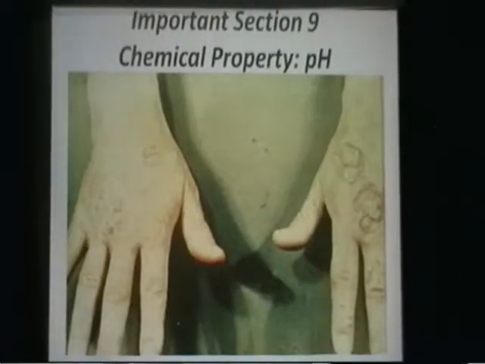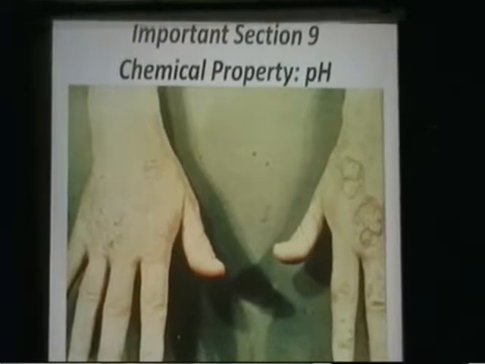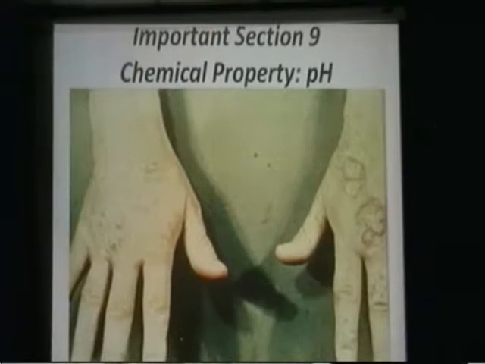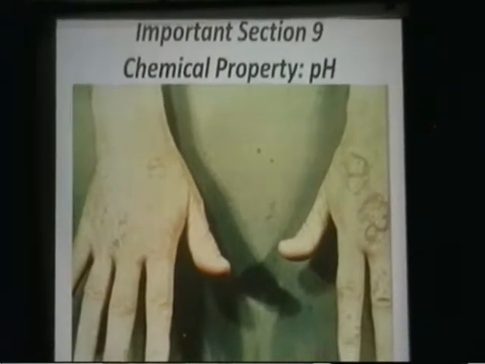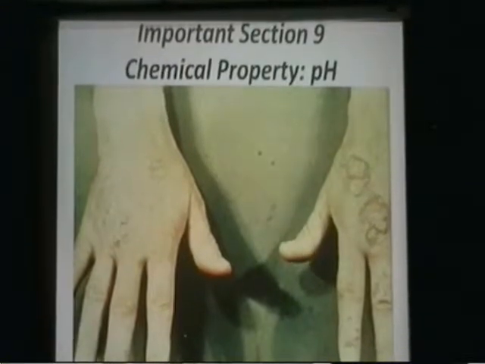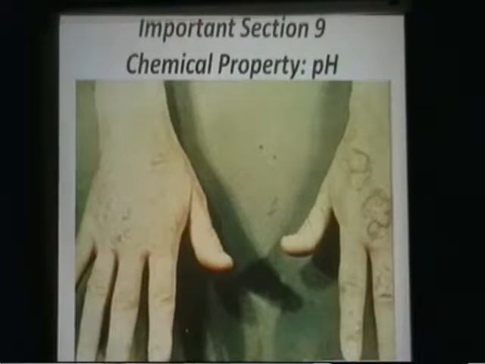The reason in Section 9 we have our employees familiar with the pH of a material, and not all materials have pH, particularly your corrosive materials will have that chemical characteristic called pH, is because that is a very good predictor of ability to harm skin.